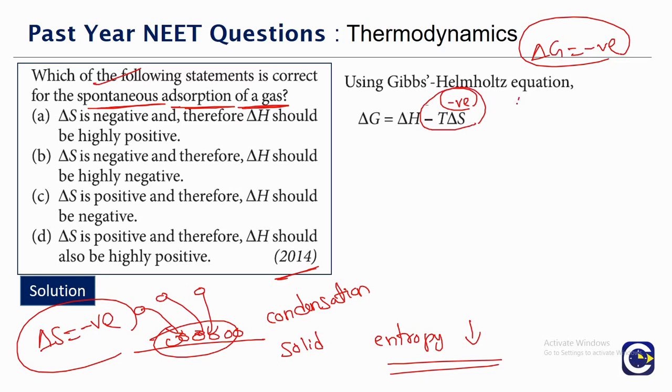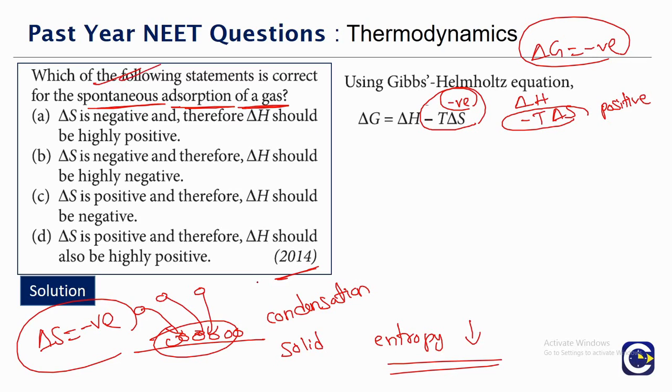We can look at it like this: del G in the Gibbs-Helmholtz equation has two parts. The first part is delta H, the second part is minus T delta S. Okay? The second part is coming as positive, because del S is negative.